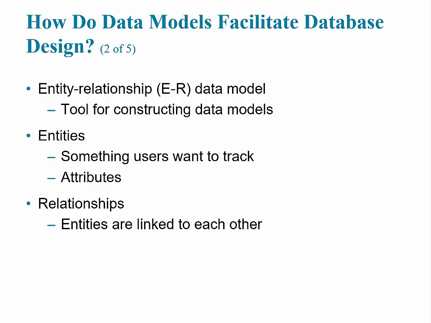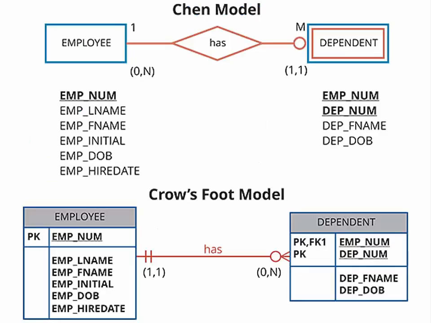But when it comes to the actual design, again, the ER diagram, right? That's the tool to construct a data model. Entities are more like tables, right? An entity consists of different types of attributes, which are columns and rows, and relationships are basically linking multiple tables. So this is a good example of an ER diagram. The first one at the top is the Chen model.